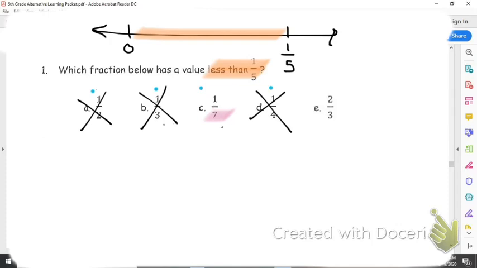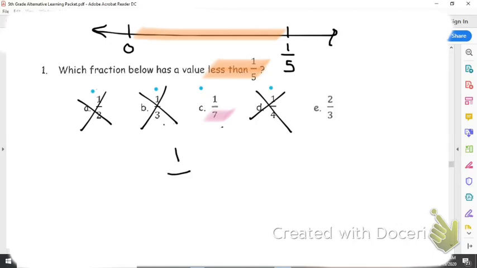Remember, the greater the denominator, the smaller the fraction. But 1/7, no. Mistake. They're looking for, oh yes, a value less than 1/5. Man, I had that right. Got myself confused. So 1/7 is less than 1/5.